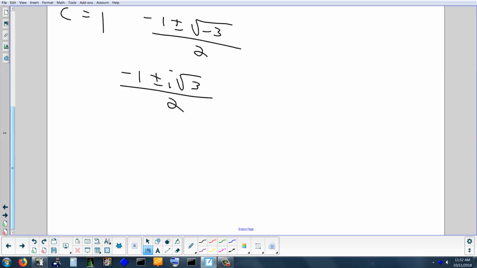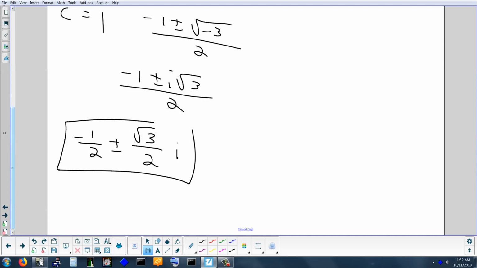If you want to write them out in standard form, it's negative a half plus or minus root 3 over 2 i. That's standard form. That's exactly the same thing that I have up above. It's just standard form. You've got to have real, imaginary, and then an i next to it. Any questions on how I took this and turned it into that?